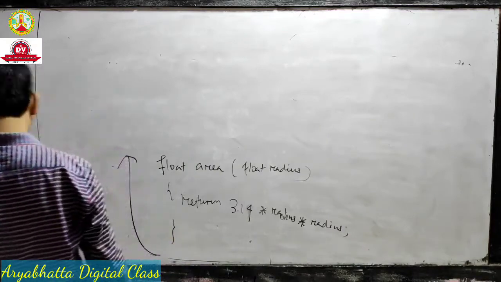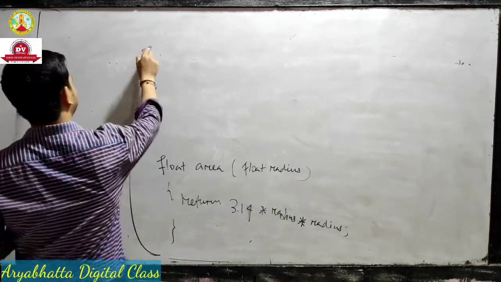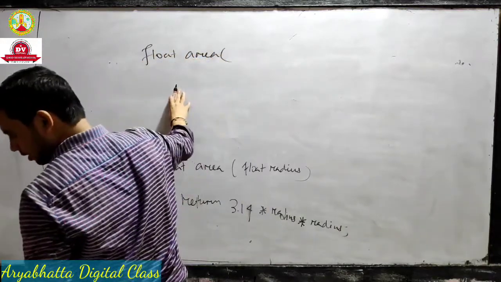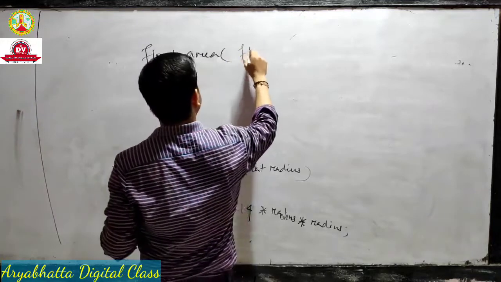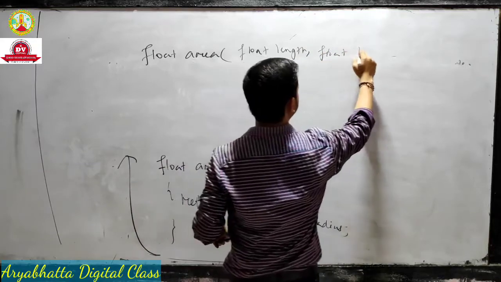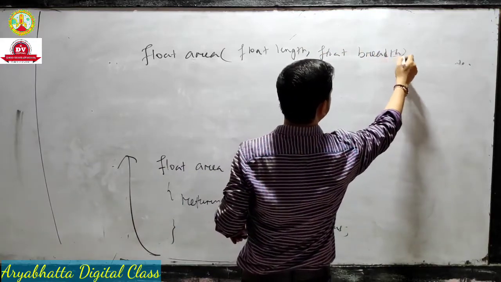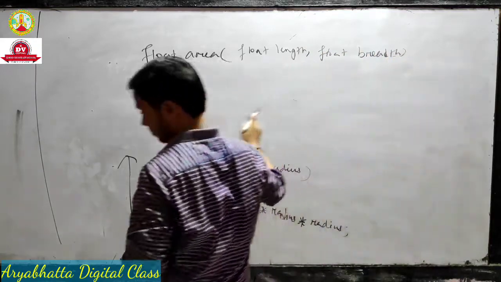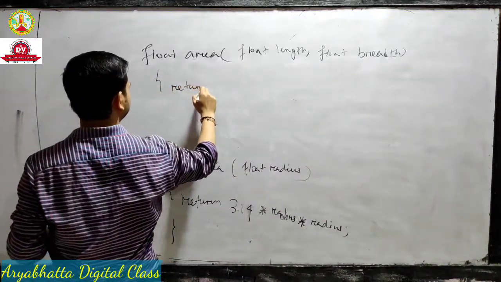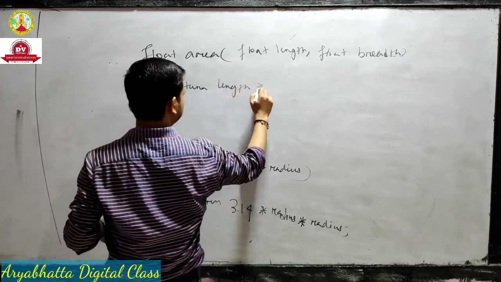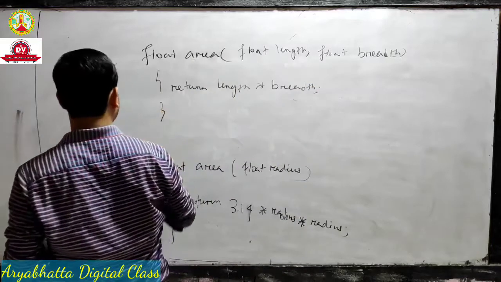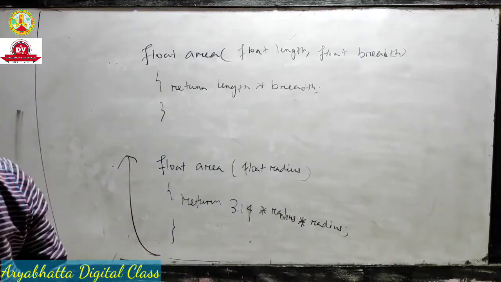After this, float area, float length, float breadth, return length into breadth.